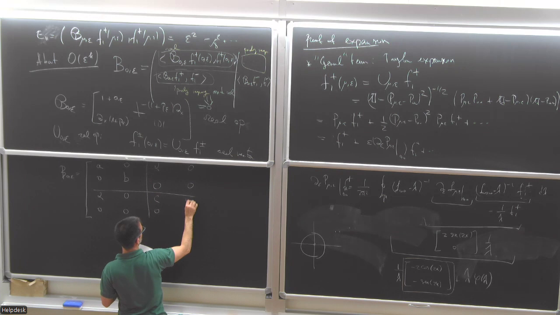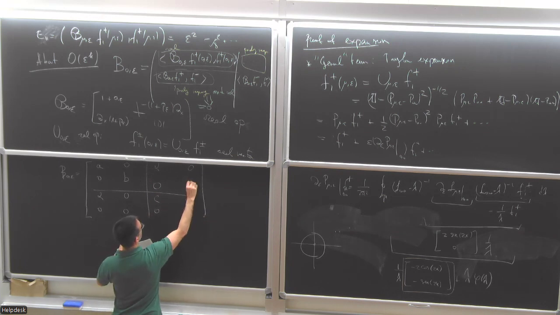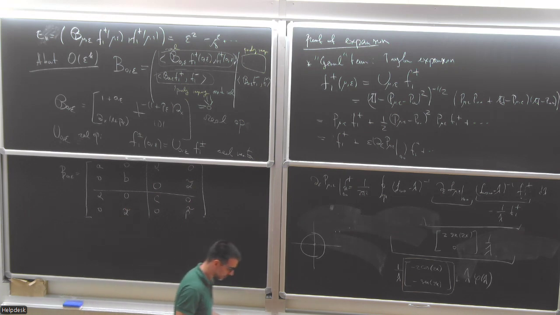Actually, here you don't know, but let me comment a bit more. In principle here you would have some number, alpha tilde, beta tilde, and also here you would have alpha tilde. By nothing else, you know this.